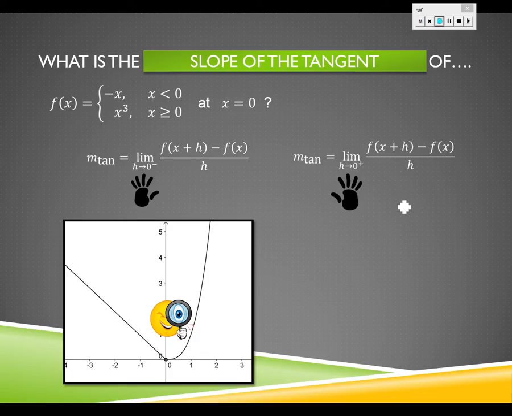Okay. And so this does require that we expand that out, but I think we all know that that's x cubed plus 3x squared h plus 3x h squared plus h cubed. Okay. Cool. You can work out the details on the side if you want, but maybe you've seen that before.